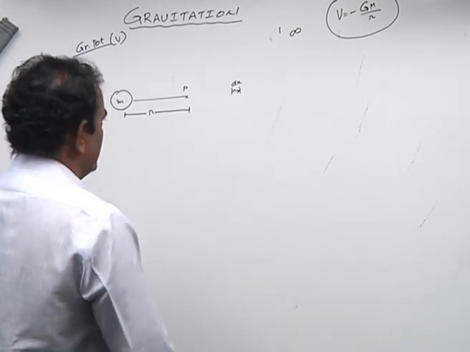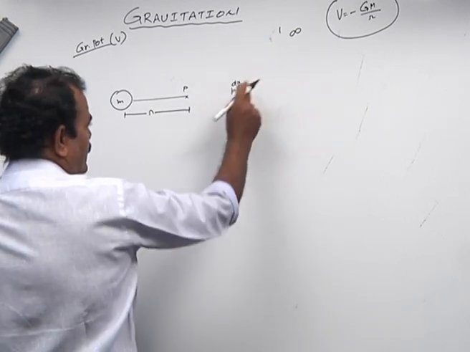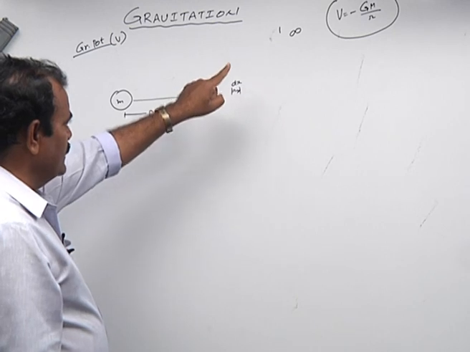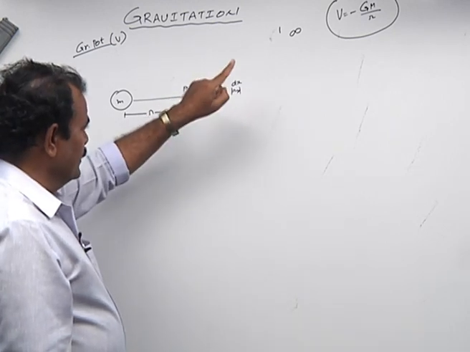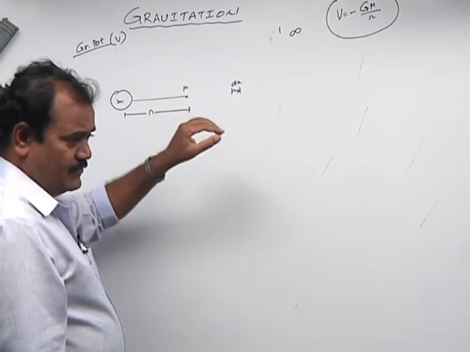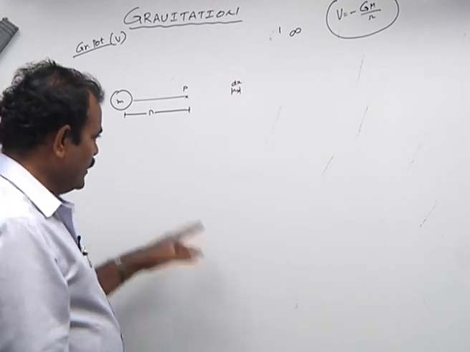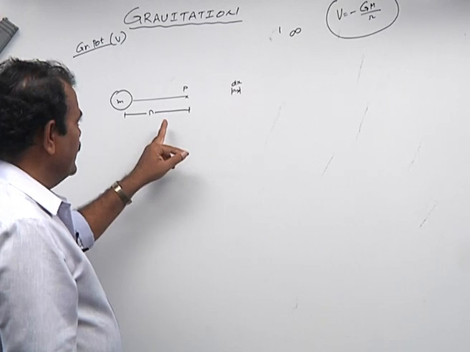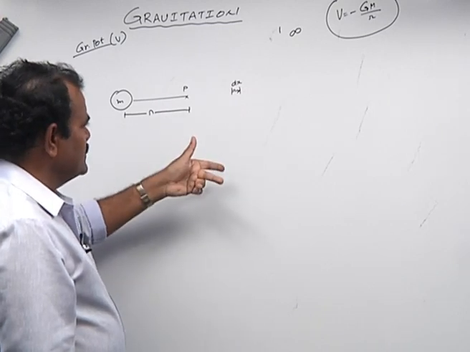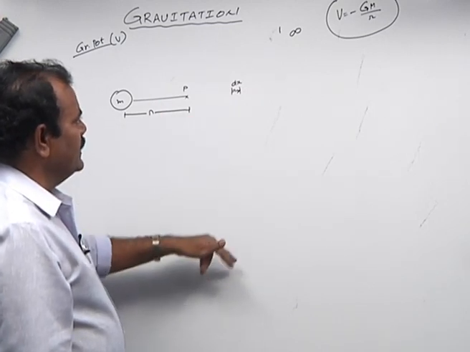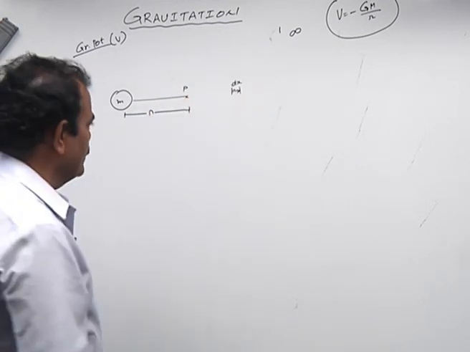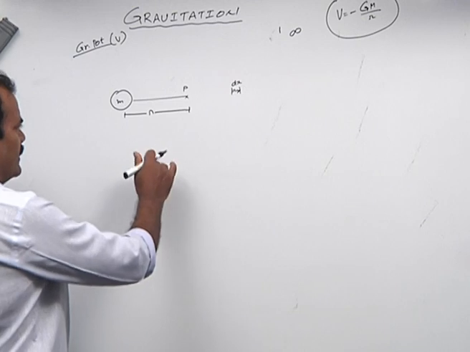Now we have to find the work done while taking that unit mass through this elementary distance dx, and after that we integrate, applying the limits, to find the total work done in bringing that unit mass from infinity to the point P.